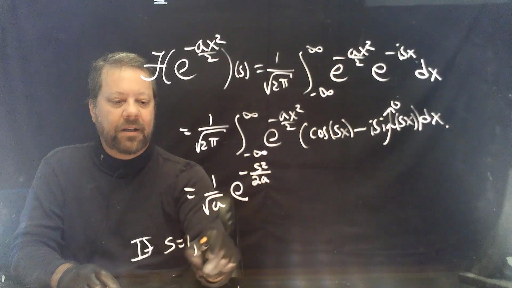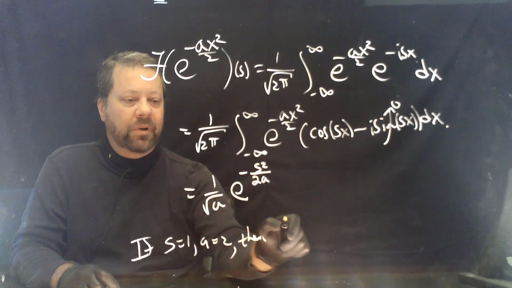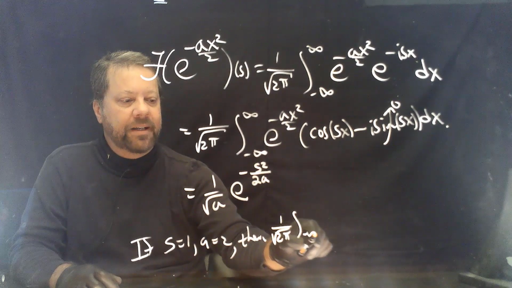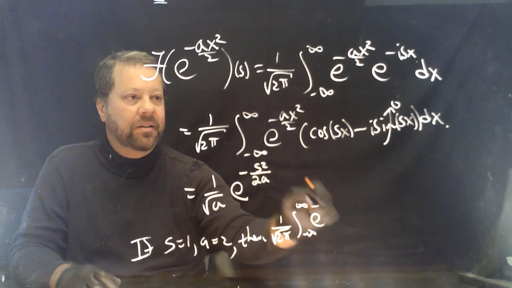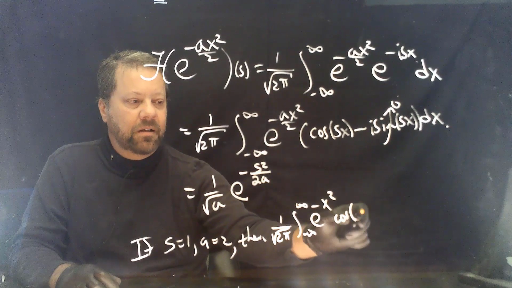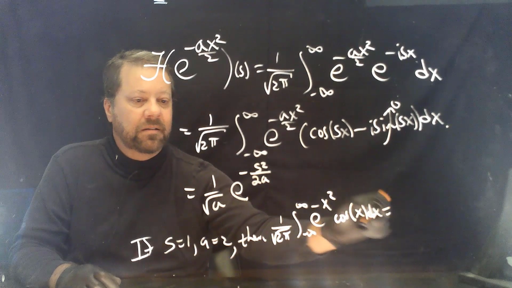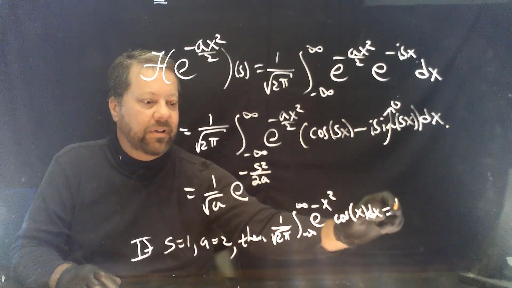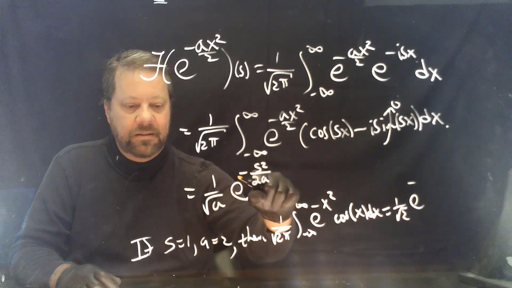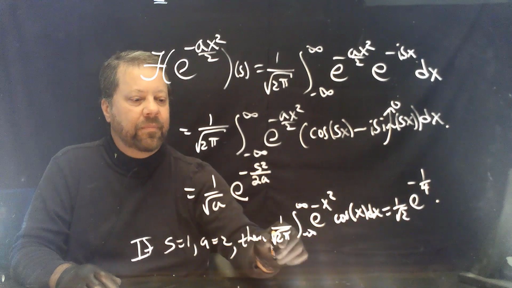If s is 1 and a is 2, then what we're getting here is 1 over root 2 pi, integral from minus infinity to infinity, e to the minus a is 2, x squared, cosine of s is 1, it's going to be x, is, if a is 2, we have 1 over root 2, e to the minus, let's see, s is 1, a is 2, 1/4.